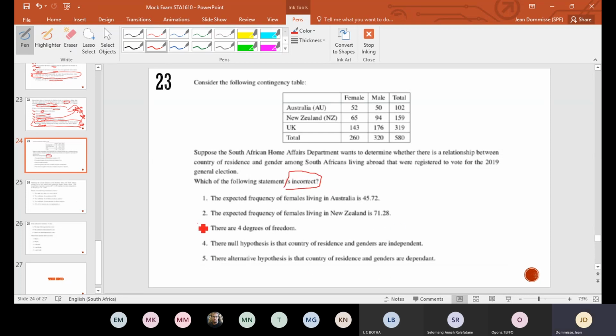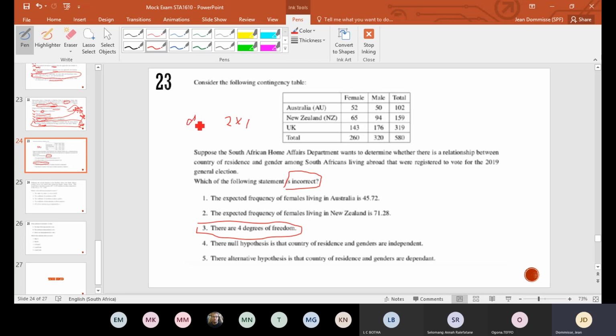Okay, so first I'm looking for degrees of freedom because that's the easiest one to calculate. So let's look at that. How many rows do we have? 3 minus 1, so that's 2. How many columns do we have? 2 minus 1 is 1.